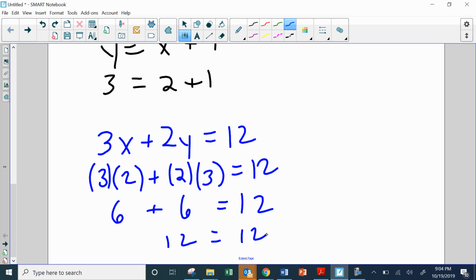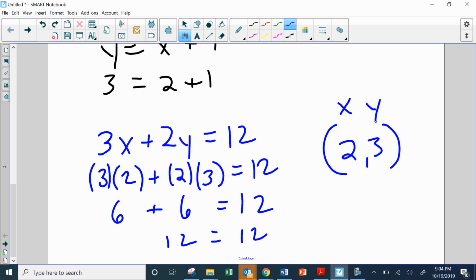So the value of x and y, the one and only combination, the one and only ordered pair, if you will. I could write it as x was 2, y was 3. That is the one and only ordered pair. That's my x, that's my y.